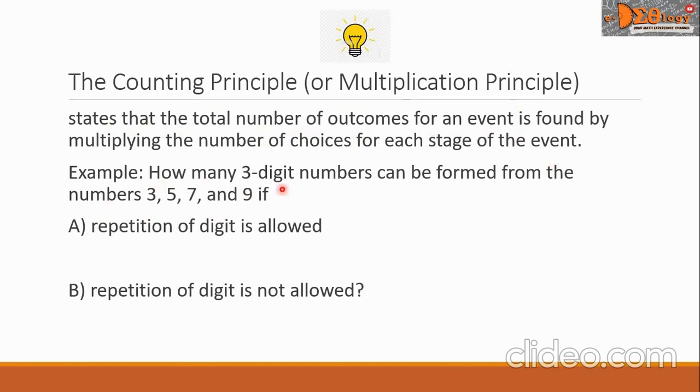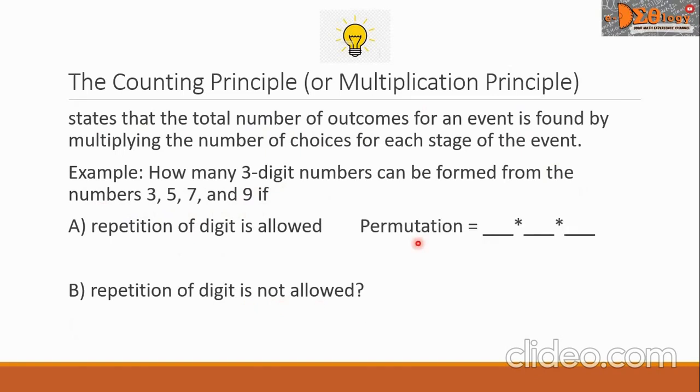How many three-digit numbers can be formed from the numbers 3, 5, 7, and 9? A, if repetition of digit is allowed. B, if repetition of digit is not allowed.